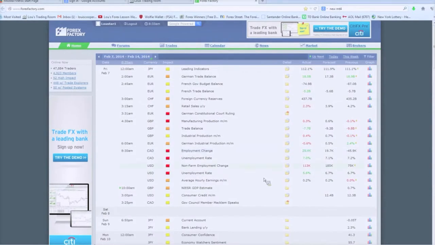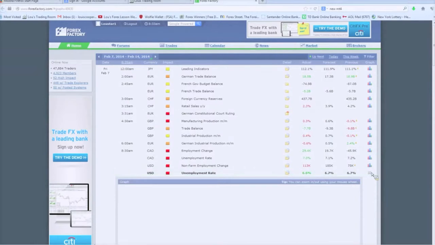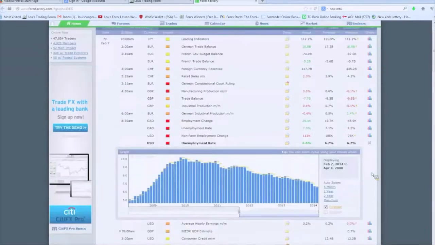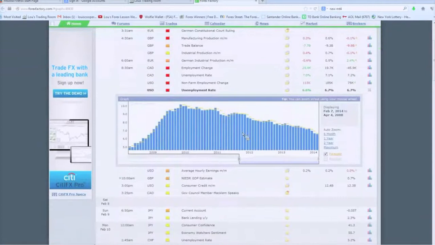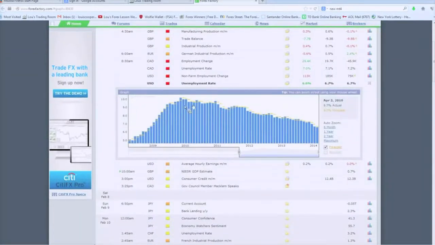All right. Now, over here in the back where it says graph, let's just double click on this graph. And what this does is it brings up all of the information for all of the non-farm payroll reports back in history.